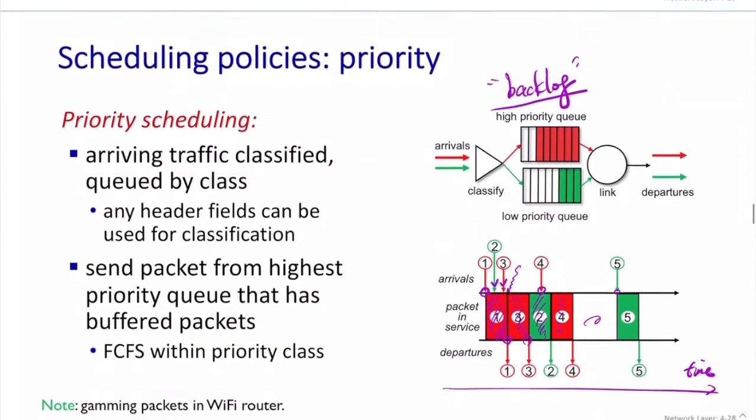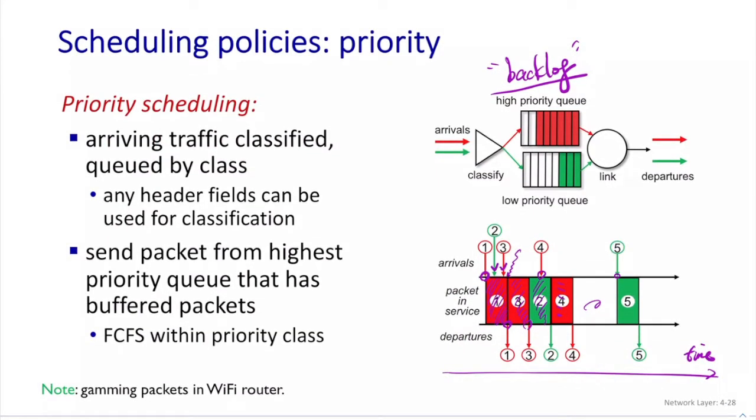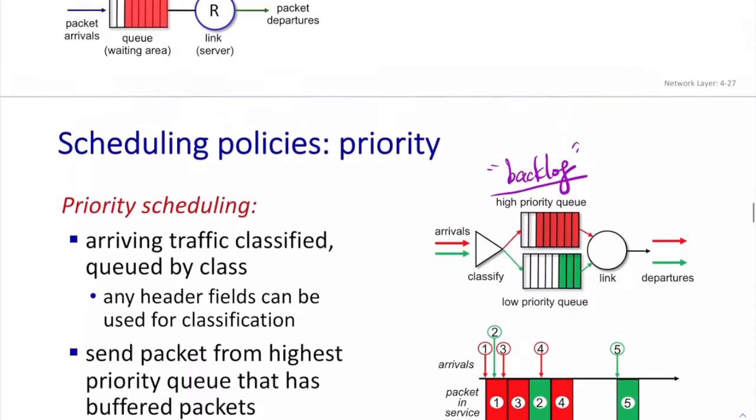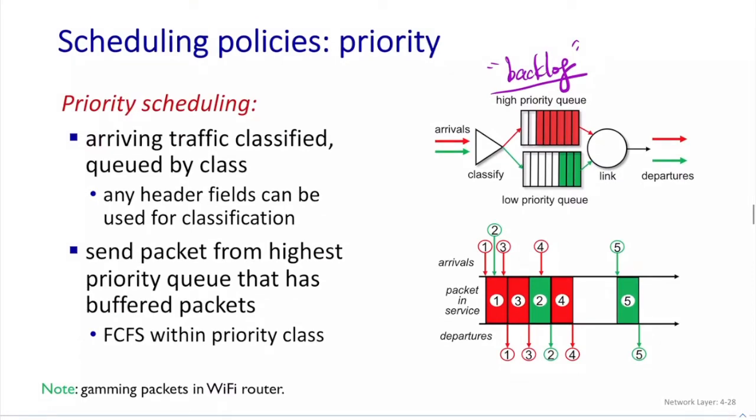So let's take a look at this one, the priority queue. That means in your router you have two queues, a high priority queue and a low priority queue, the red one and the green one. When a packet arrives, it will be classified into the appropriate queue.